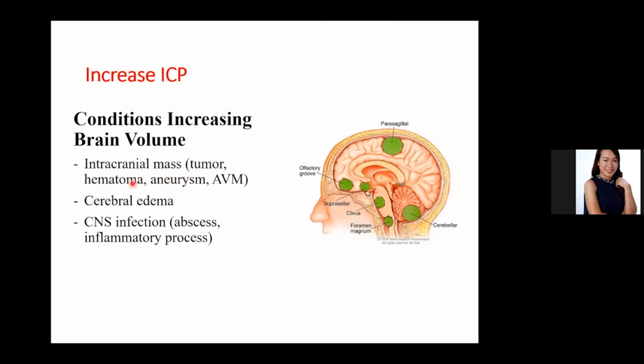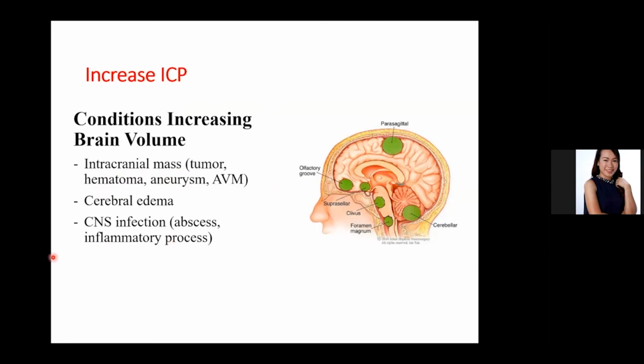Pwede ding hematoma, aneurysm, or arteriovenous malformation. So we have here a parasagittal tumor, a tumor in the olfactory groove, suprasellar tumor, clivus tumor, tumor in the foramen magnum, a cerebellar tumor.